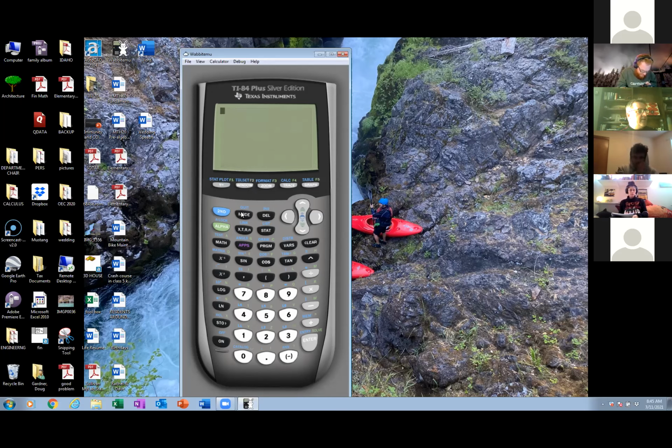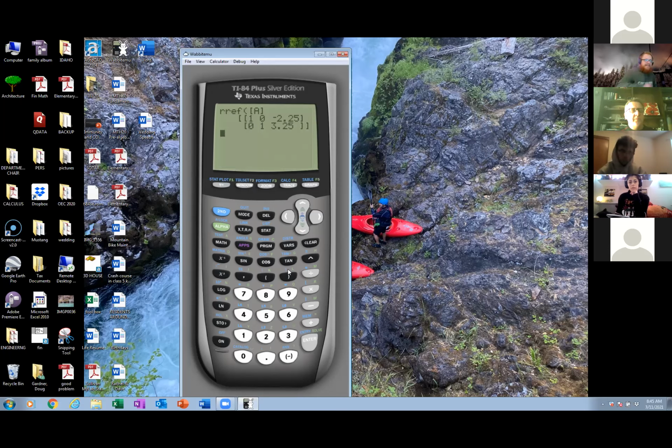I say second quit. I go second matrix again, except this time I'm going to do math to that matrix. The math that I want to do is all the way down here, called reduced row echelon form, RREF. It's waiting for me to say what matrix I would like to do that to. So I'll go second matrix, and then I just arrow myself to A. And bam, there it is.